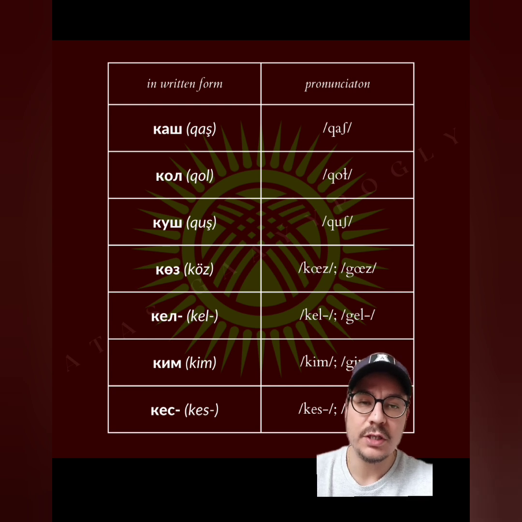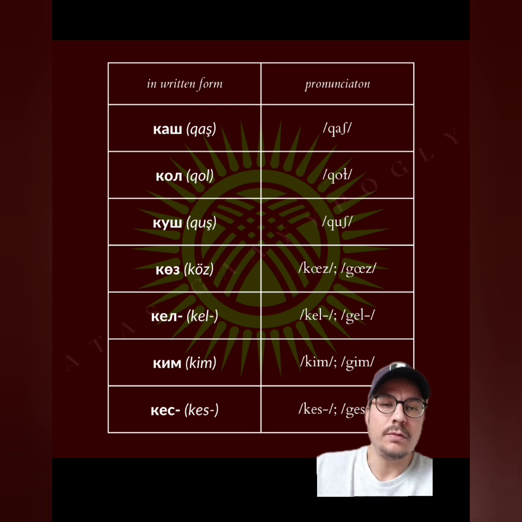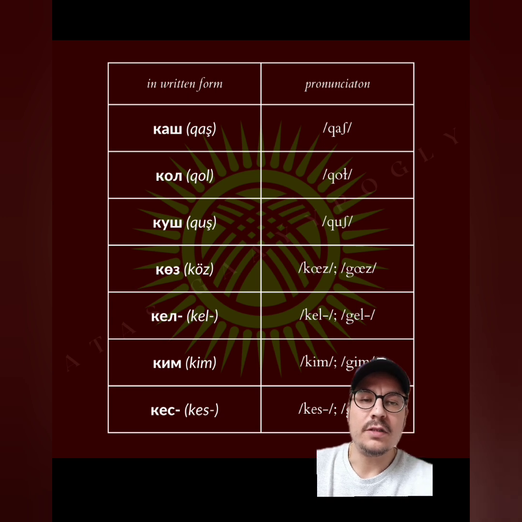In Kyrgyz I heard some use a g sound, some k, but the written form is with k. Kel, gel, kim, gim. Kes, some of them say guess. Can you write in the comments which one is the official, and why it's written with K?